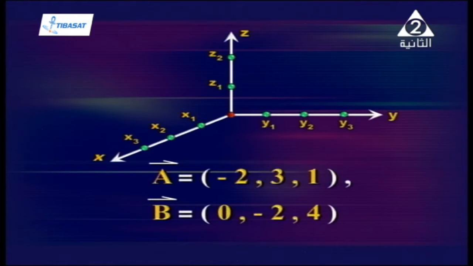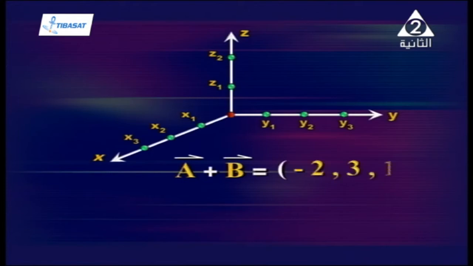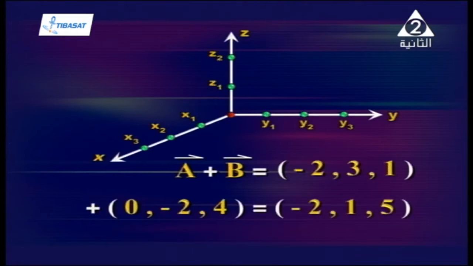Also, we have vector B (0, negative 2, 4). When we add vector A plus vector B, we add the x components, the y components, and the z components. The answer is (negative 2, 3, 1) plus (0, negative 2, 4), which equals (negative 2, 1, 5). We add each component of x, each component of y, each component of z.